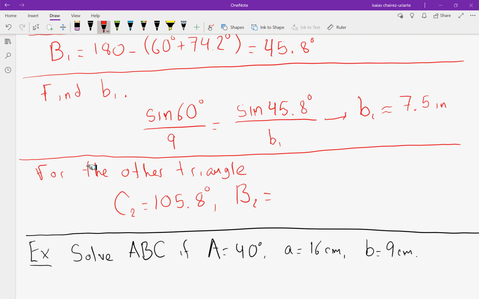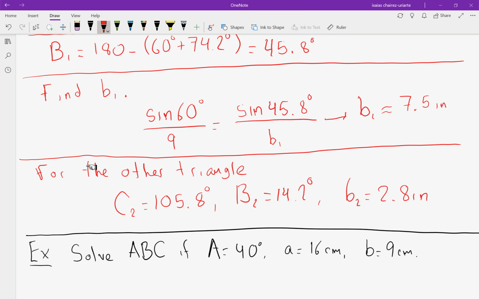B2 then is 14.2 degrees. And side length B2 is 2.8 inches. All right. So check your work.